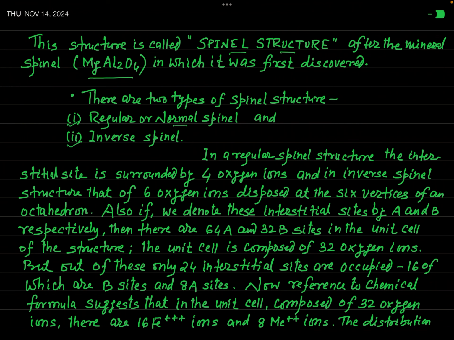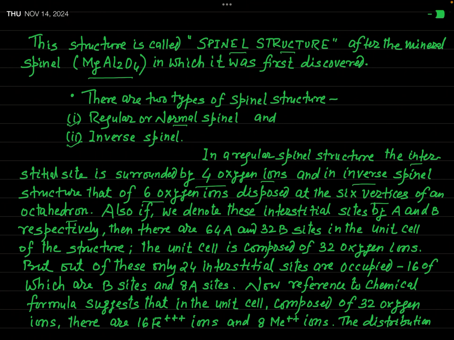In a regular spinel structure, the interstitial site is surrounded by 4 oxygen ions, and in the inverse spinel structure, there are 6 oxygen ions disposed at the 6 vertices of an octahedron. This is the basic difference between the normal and the inverse spinel structure.